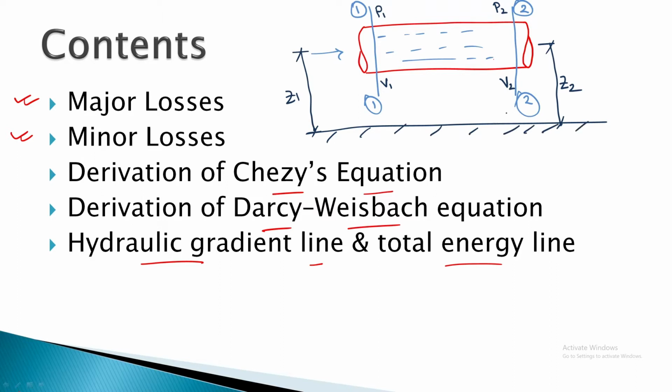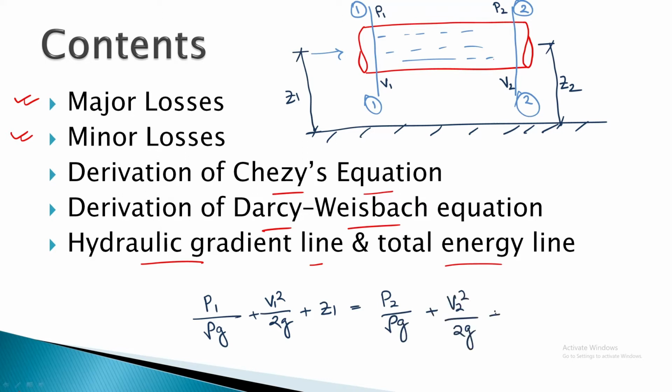If we apply the Bernoulli's equation, we can write that P1 by rho g plus V1 square by 2g plus Z1 equals to P2 by rho g plus V2 square by 2g plus Z2, right?